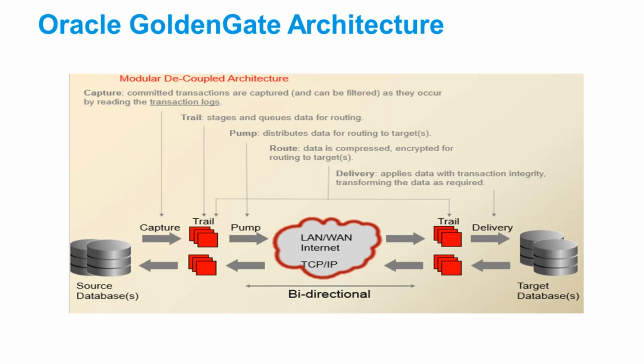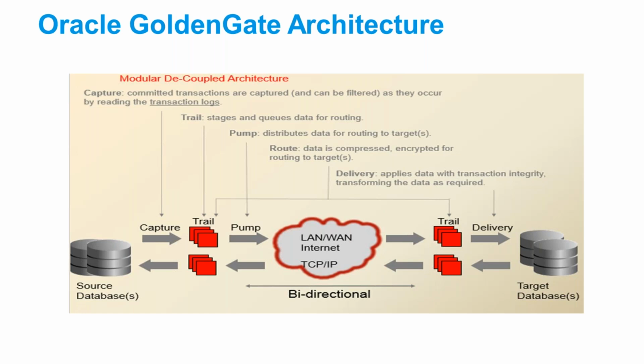So the GoldenGate extract process will capture the committed transactions from the transaction logs and write them to the local machine in the trail file. Trail files are binary format files. The format is the same as archive logs. So whatever data the extract process captures, it writes to the local trail file.